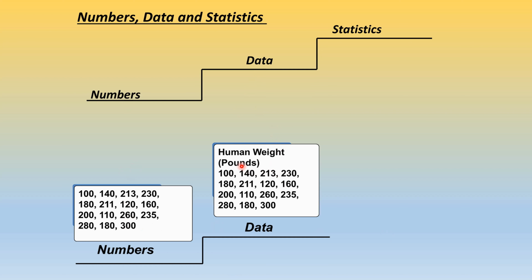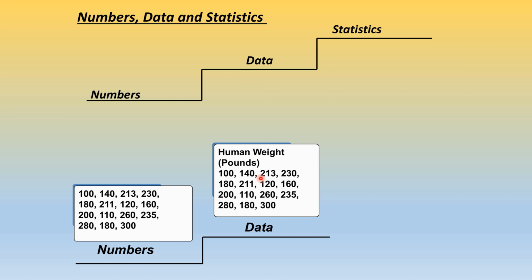But here I'm giving you a few observations. What if these are 200 different data? What if they are 1,000? What if they are 1,000,000? Aha, that would be very difficult to analyze.